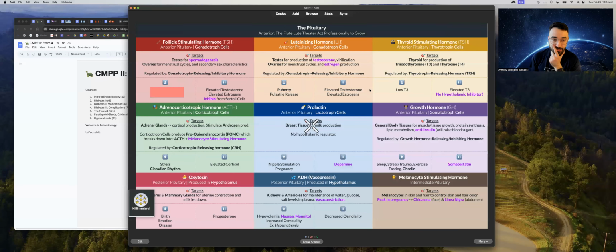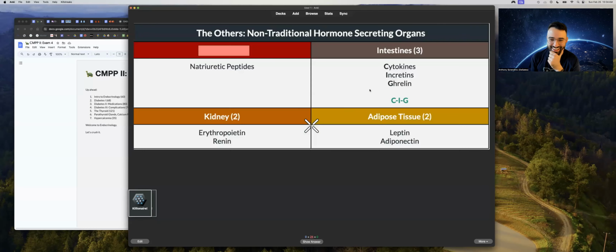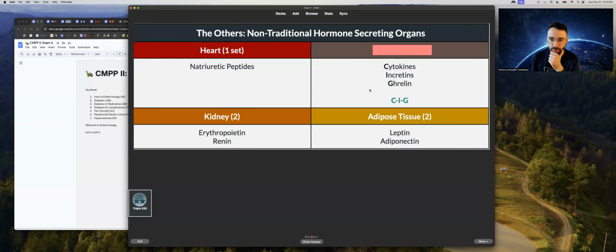Nipple stimulation. What is going to upregulate FSH? Puberty and pulsatile release. Neighboring cells. What also from somatostatin? Oh, histamines. Somatostatin. Heart. What do we need for inhibin? Oh, it goes to the anterior pituitary to stop FSH.